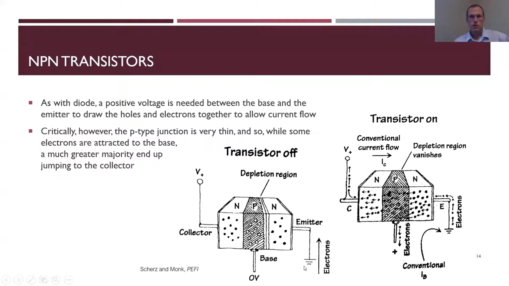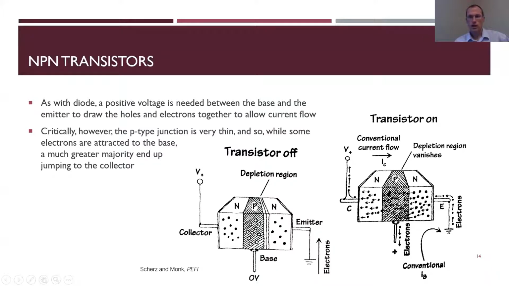To get current to flow from the emitter to the collector, I'm going to need to make that depletion region more attractive. To do that, I need some sort of voltage difference between the emitter and the base. By applying some positive voltage between those two, just like happens with the diode, these electrons want to jump over the depletion region and fill the holes.